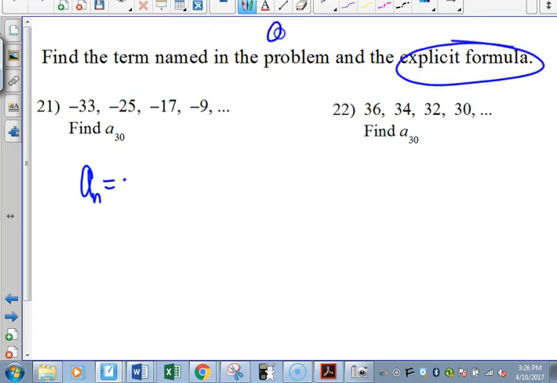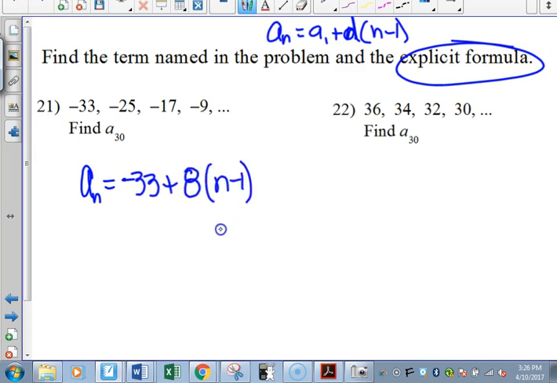Let me write it up here so you remember. A sub n equals a sub 1 plus d times n minus 1. So I have negative 33 plus 8 times n minus 1. Or if you simplified that, you'd get negative 41 plus 8n. Somebody check my math.